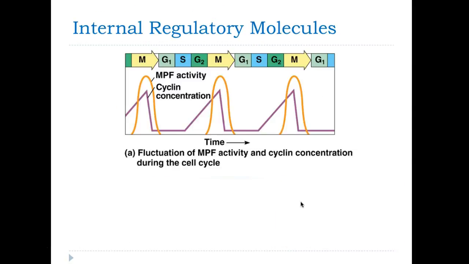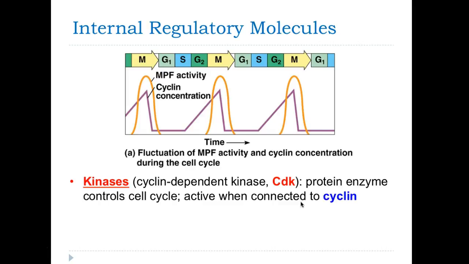Internal regulatory molecules, you have these things called MPF activity and cyclin concentration. Ultimately, you could see the fluctuations of MPF activity and cyclin concentration during the cell cycle itself.